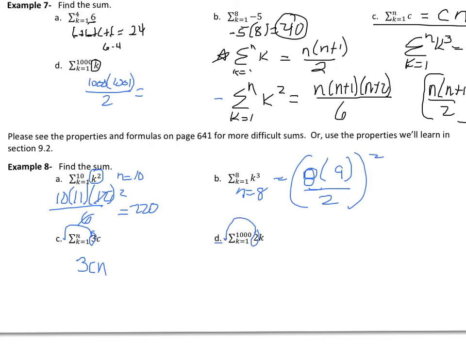Now this part D is the same as the other part D here, except it's 2k instead of k. We have 1,000 times 1,001 over 2, and then we multiply that all by this 2 right here. So those 2s would cancel out, and you get 1,000 times 1,001. And that's how you figure out that sum.